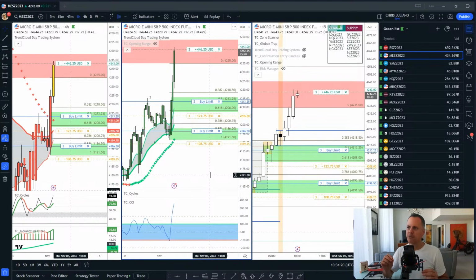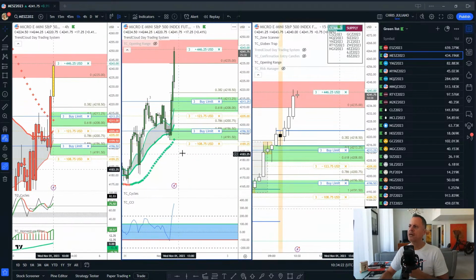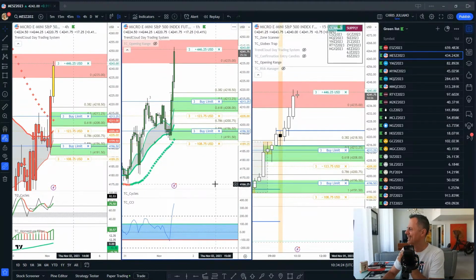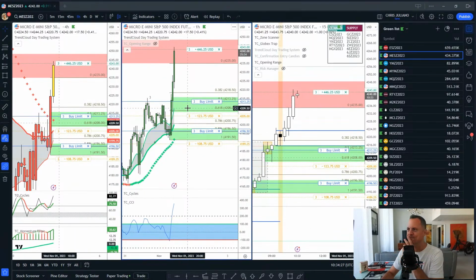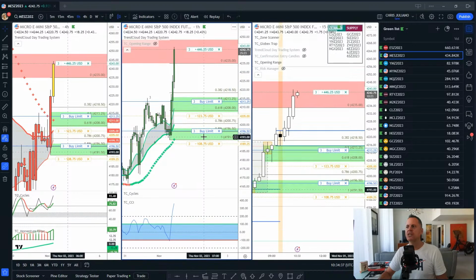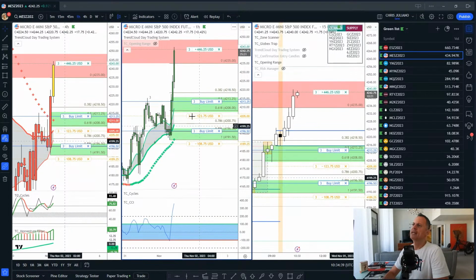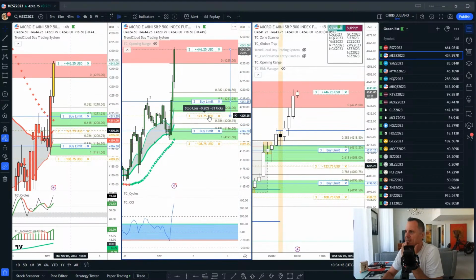And you got to think about this. We were thinking, do we take both zones, Gary, or do we just take the one? What's the account size? Should I take 0.5% and 0.5%? We're looking at this micro S&P and saying, I've got a $20,000 account.